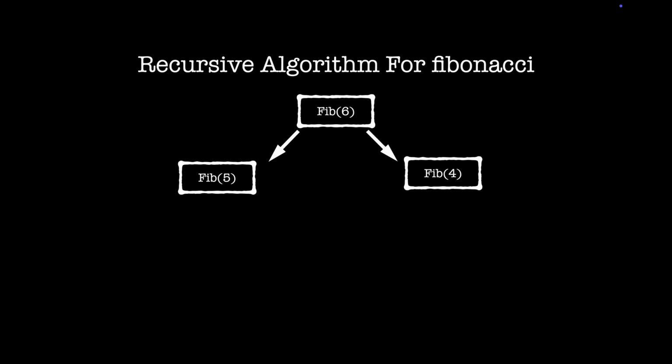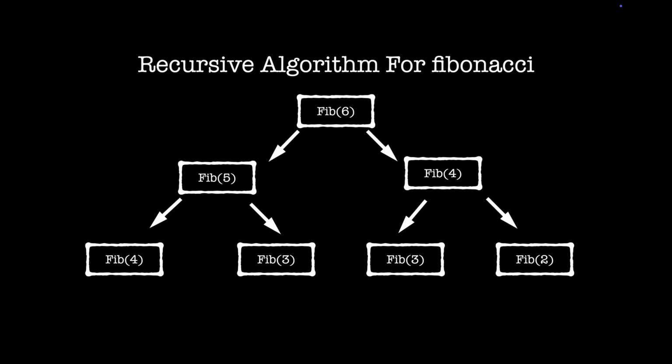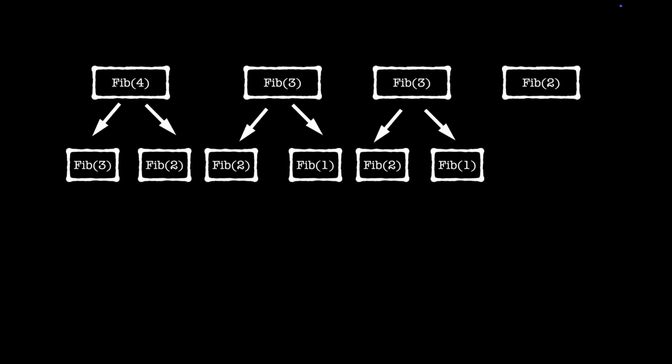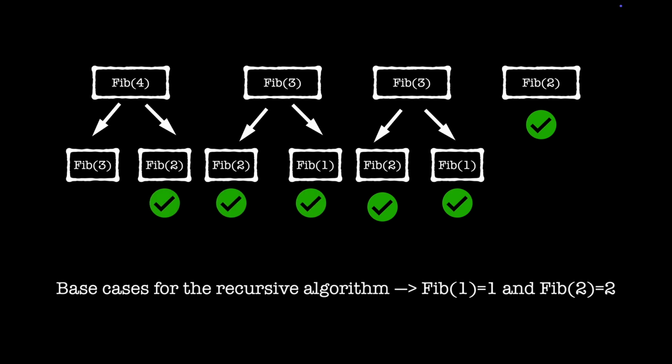So if I think about this, Fib of 5 is equal to Fib of 4 plus Fib of 3, and Fib of 4 is equal to the sum of Fib 3 plus Fib 2, and so on. Finally, at last, this tree will reach either Fib of 1 or Fib 2, and this, my friends, will be our base cases for the algorithm.